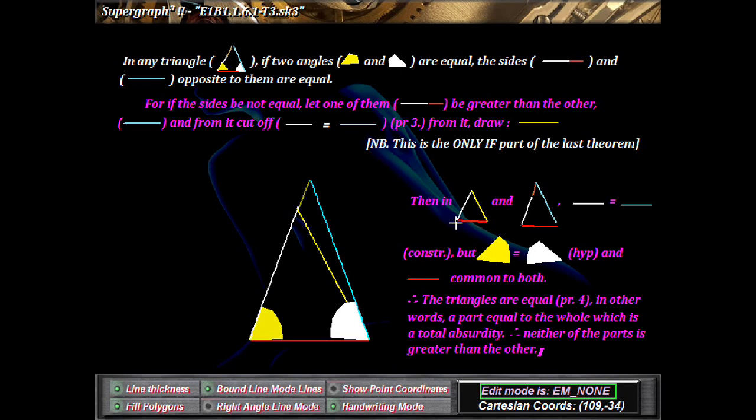And in common, these triangles have the baseline, which is red. Okay? Now we have two triangles which are equal.